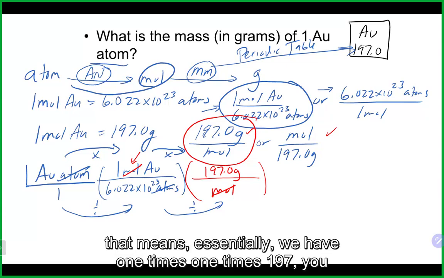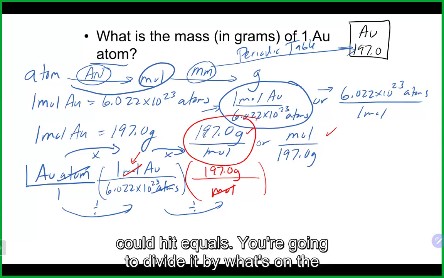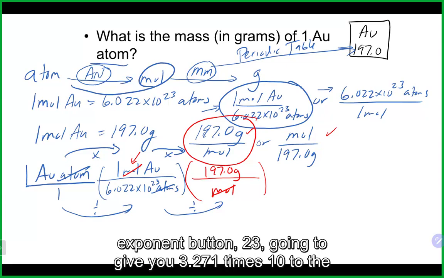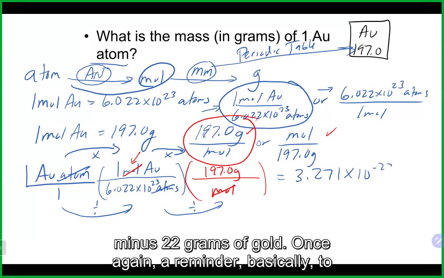So that means essentially we have 1 times 1 times 197. You could hit equals. You're going to divide it by what's on the bottom, which is basically Avogadro's number, 6.022 exponent button, 23. That's going to give you 3.271 times 10 to the minus 22 grams of gold.